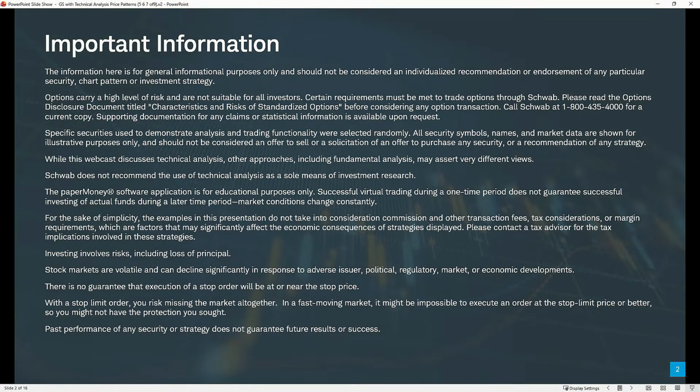Okay, so as we get started here, know that everything that we discuss in this class is for general information purposes only, none of it to be construed as an individualized recommendation or endorsement of any particular stock, and we're going to look at a bunch of them, or chart pattern or investment strategy.